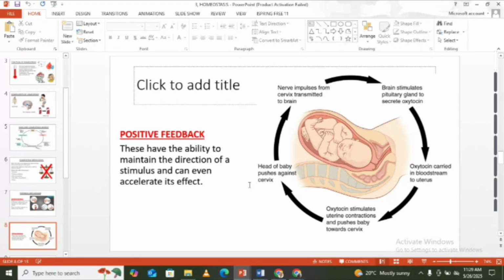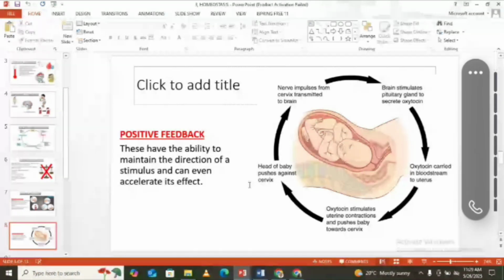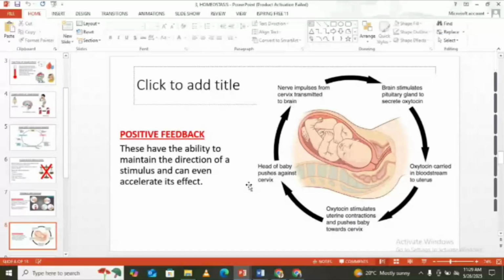Then the other one is blood clotting. With blood clotting, of course, this is when one is exposed to an injury. I know we'll be talking about that. Platelets will be activated. They will release the various chemicals responsible for blood clotting.